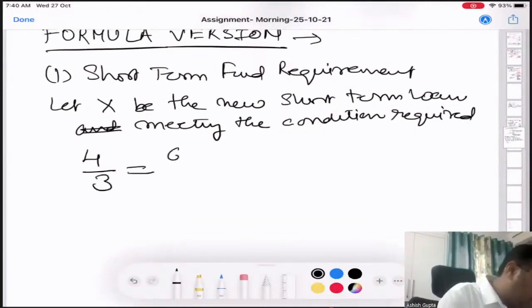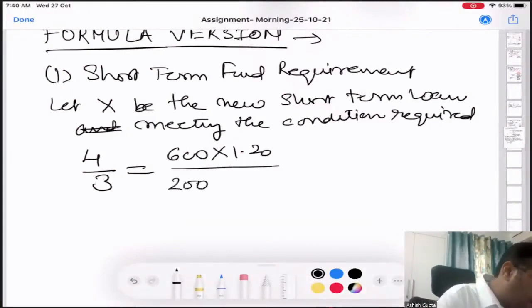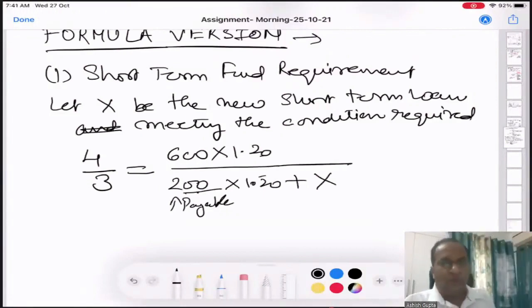Our existing sale is 600. Increase is 20%. Our existing loan, this is our payable. This will be increased proportionately, into 1.2 on this line, plus X, because we are assuming that the new amount of the short-term payable will be this much X.